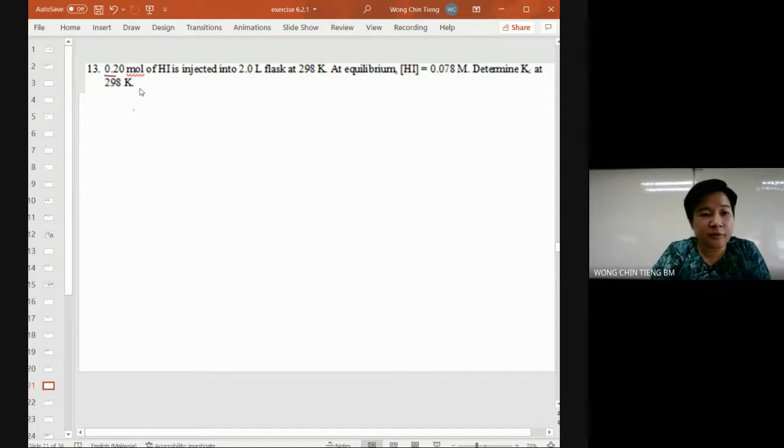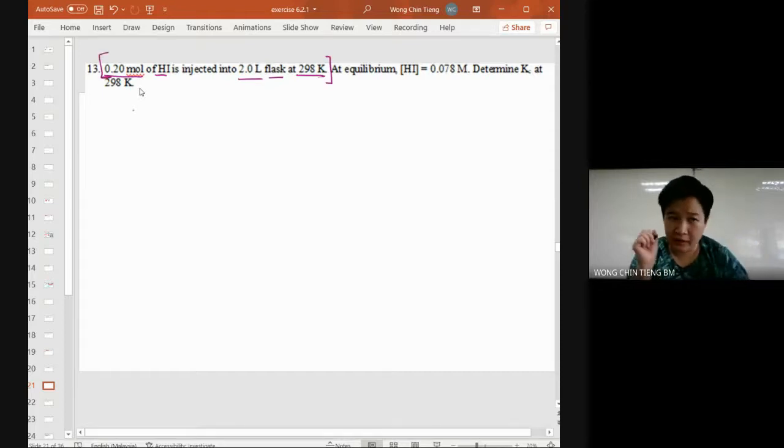0.2 mole of HI is injected into a 2 liter flask at 298 Kelvin. So, saya keluarkan dulu ayat dia. Dan tak ada perkataan equilibrium and ada perkataan injected.